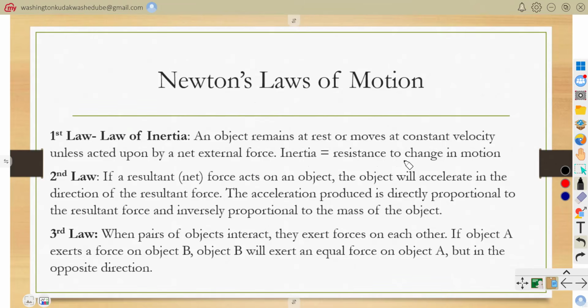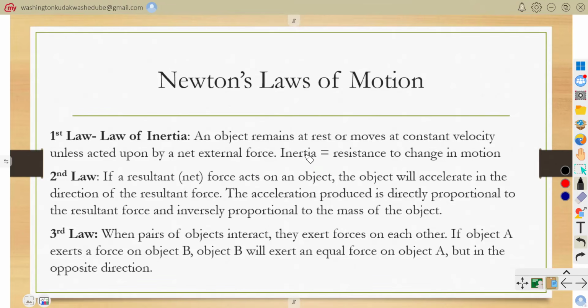Or let's say that I'm in a car and I apply a sudden application of brakes, you would see that I would continuously move towards the steering. If I'm not wearing a seat belt, I would actually hit my head on the steering. What causes that is what we refer to as inertia.